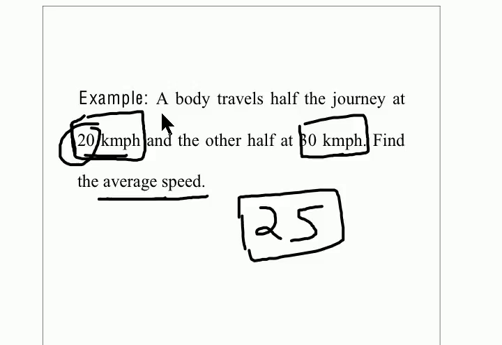So the average should ideally be skewed more towards 20 than towards 30, which means that the average should be less than 25.